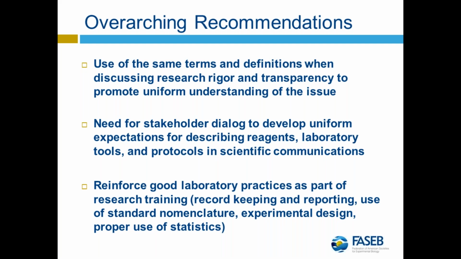So the first one is to use the same terms and definitions when discussing research rigor and transparency to promote uniform understanding of the issue. And if you go into some of the early literature, and even now, people will talk about rigorous research, reproducibility, replicability. Sometimes you mean the same things, or sometimes you're just using these terms interchangeably, but you mean different things.